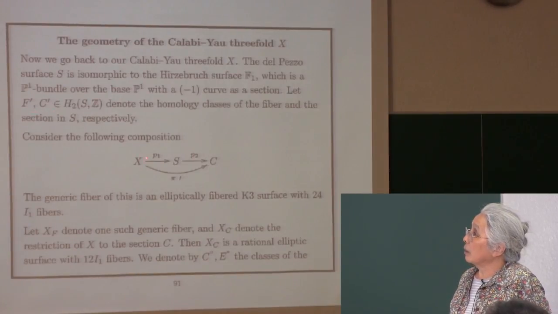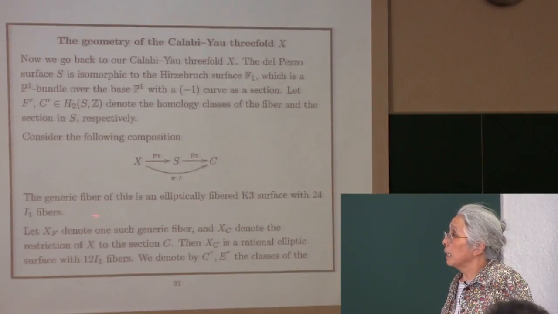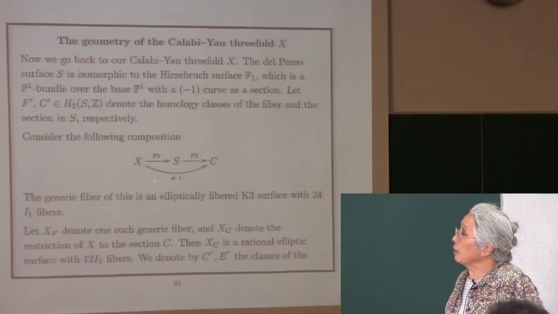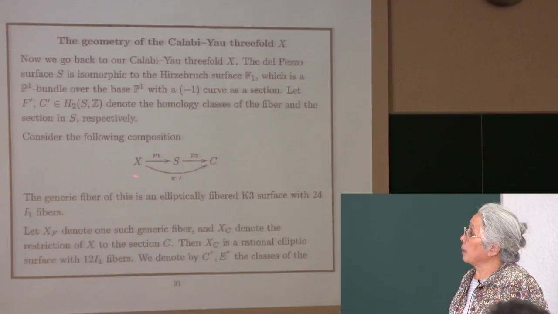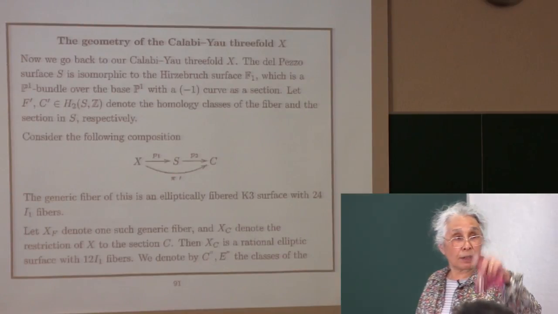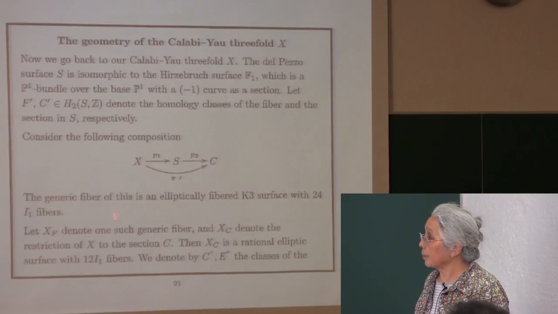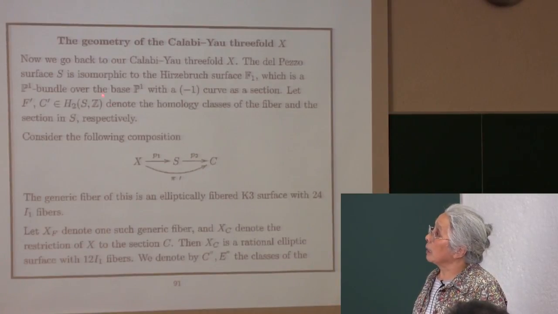Now X goes to S, which is P1, and then S goes to C, which is P2. I compose these and call it pi prime. I may not use this pi prime anywhere. If you do this, the generic fiber of this elliptically fibered K3 surface has 24 I1 fibers, 24 nodes.